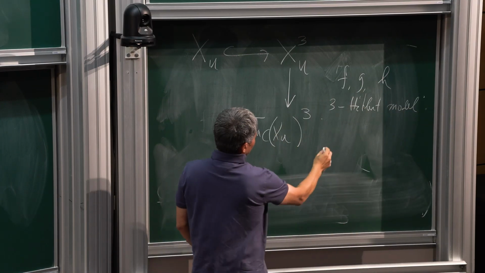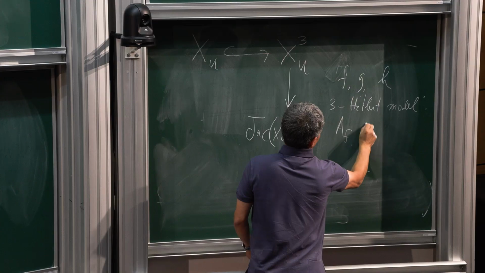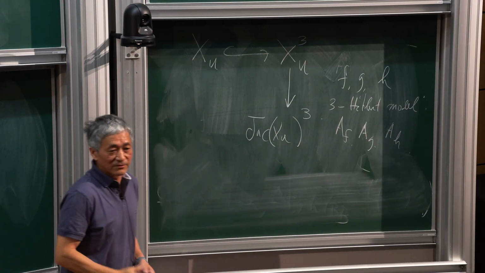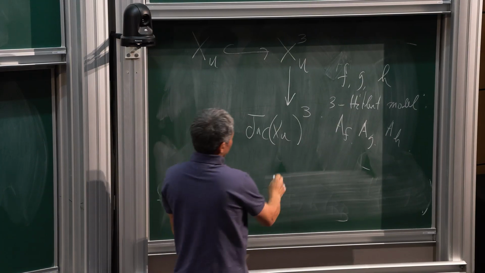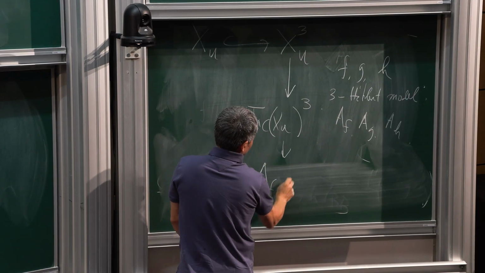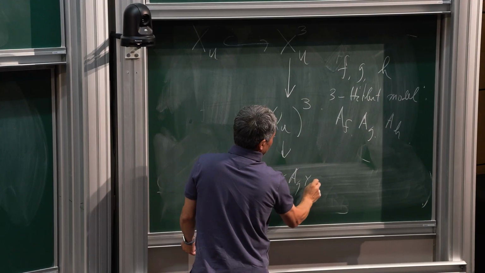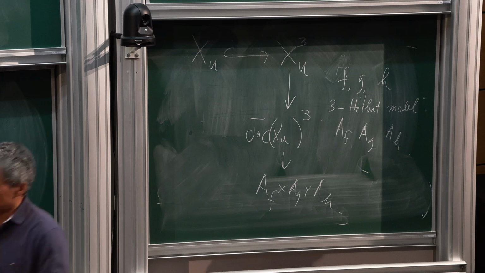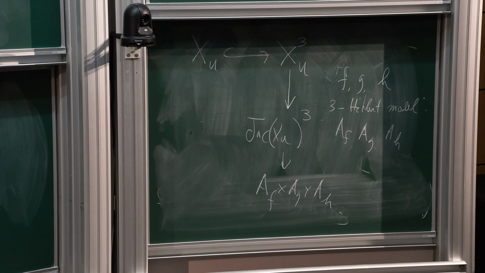Then you get three abelian varieties: A_f, A_g, A_h.